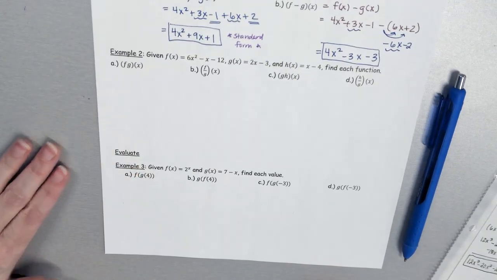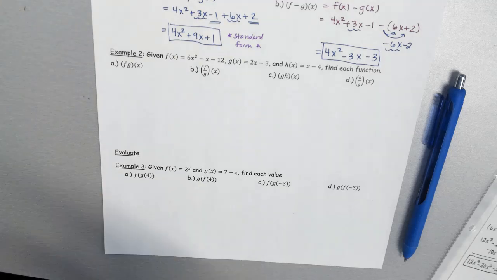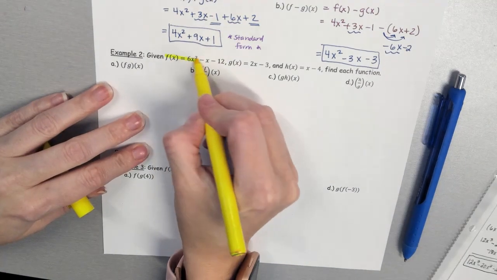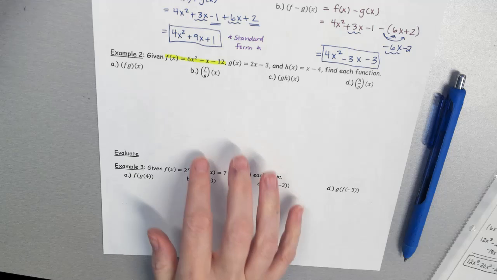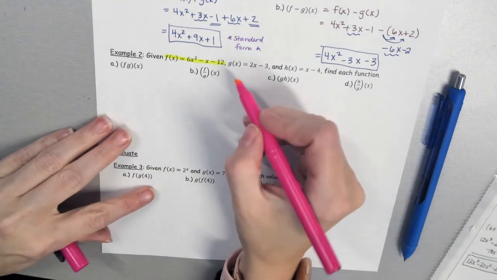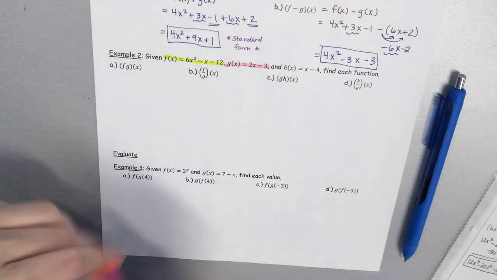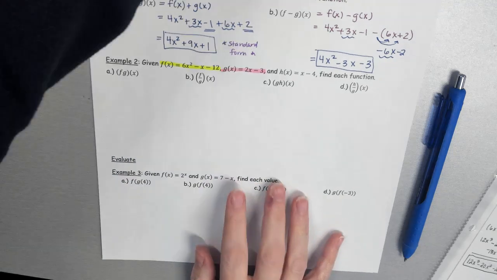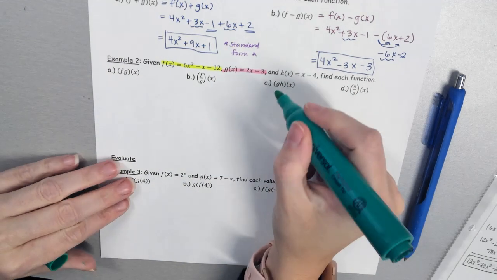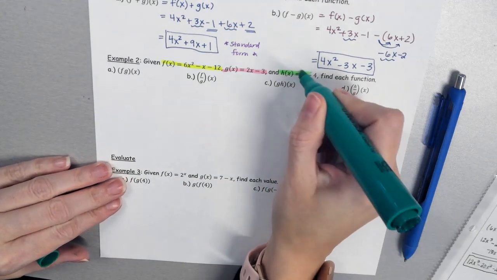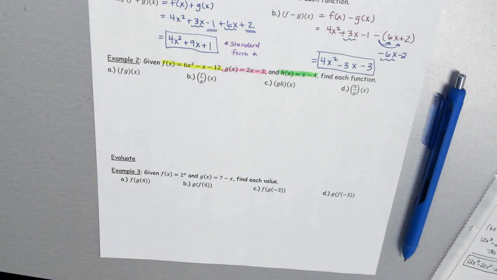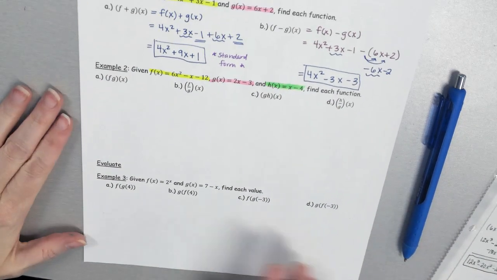Okay, and then for example 2, we're given a new equation for f of x and g of x, and then we also have an h of x, and again we're going to find each function. Now here we're dealing with some multiplication and division.